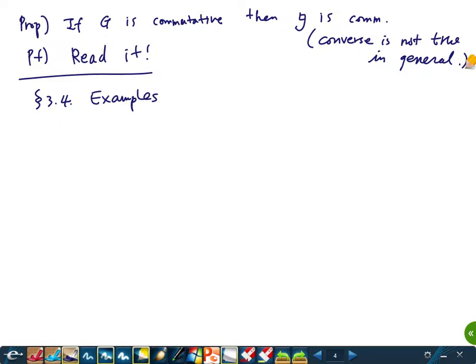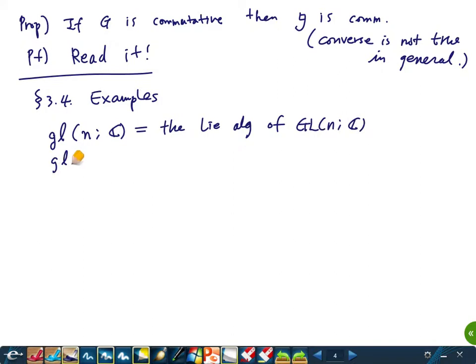So now we have many examples of matrix Lie groups, like the general linear group, special linear group, etc. We will use this notation. We use lowercase letters to indicate the Lie algebra of the corresponding Lie group: the Lie algebra of G, L, and C. And of course, we can write N, R in the obvious way.